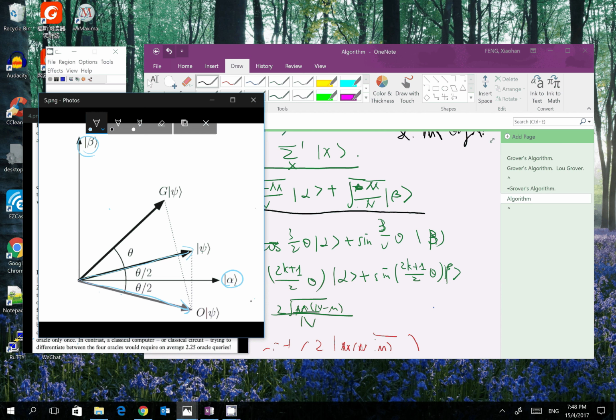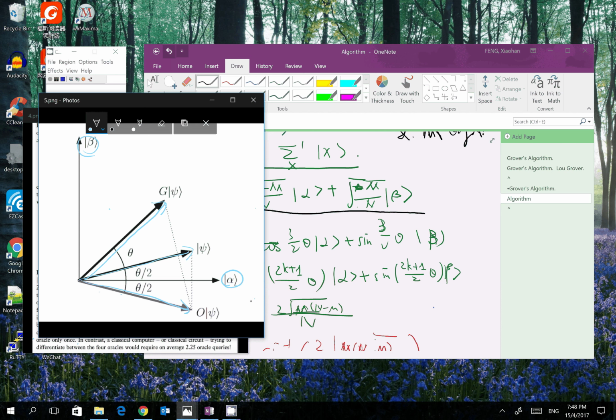Basically, they do a mirror symmetry with respect to phi. So now we know that it basically rotates phi towards beta by an angle of theta.